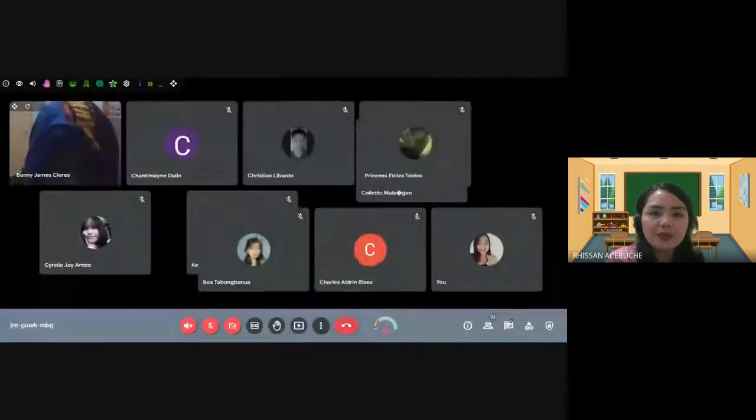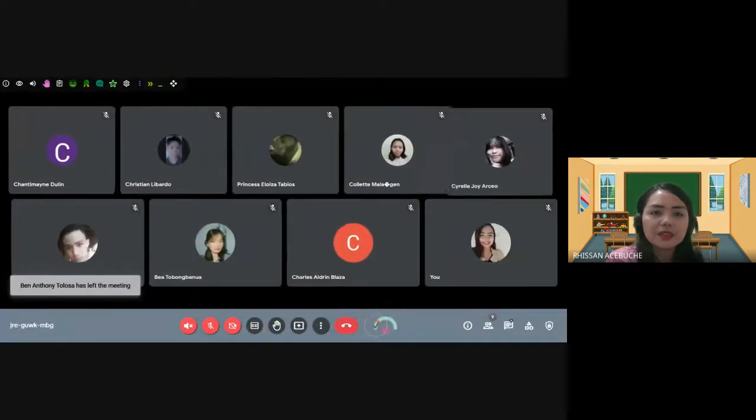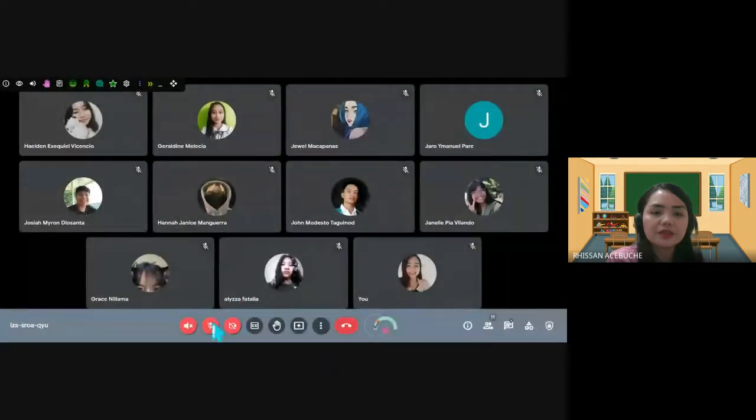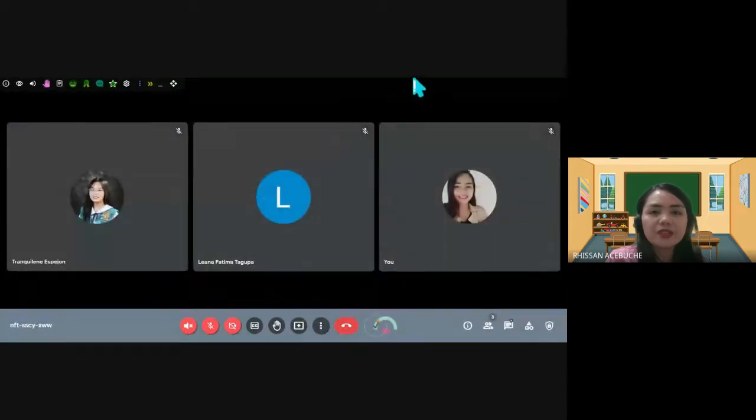So let's see, group 1. Group 2, last 1 minute. I think group 3 is already done because there are only 2 people here. So I'll be closing this breakout room.